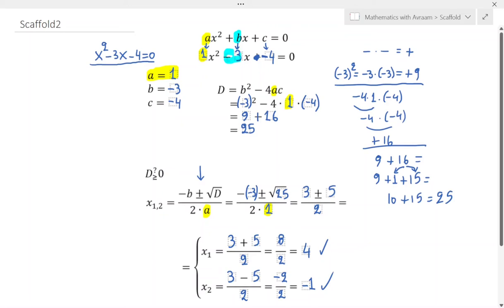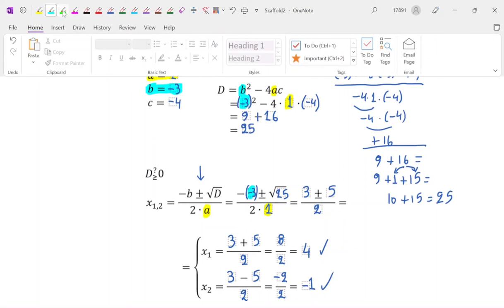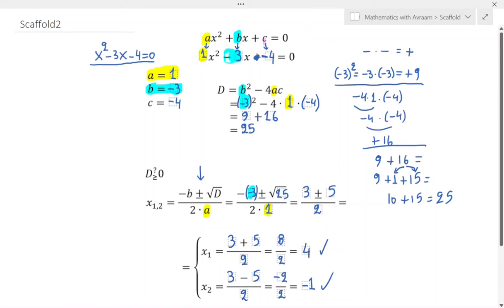So b is here, it's minus 3. Yes, b is minus 3. And we use it here in the parentheses because it's negative. And again, b is used over here. Again in a parenthesis because it's negative. So this is where b affects everything here. And now let's do c.